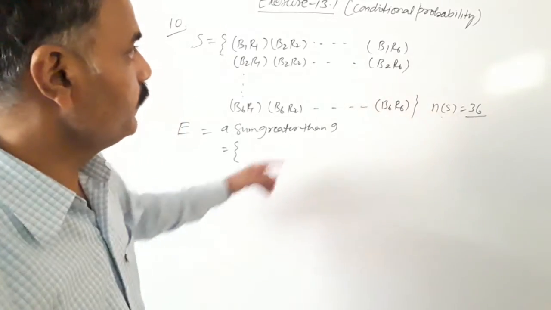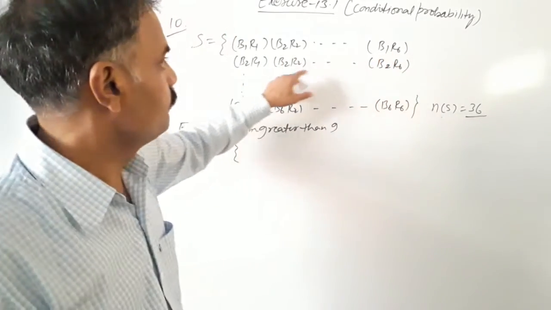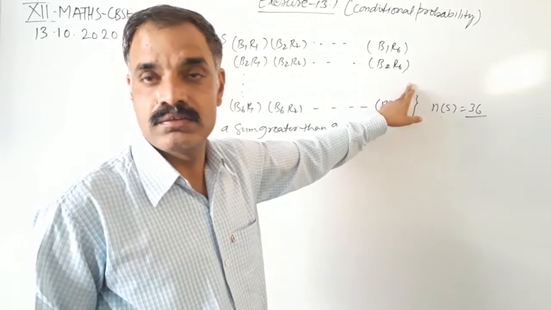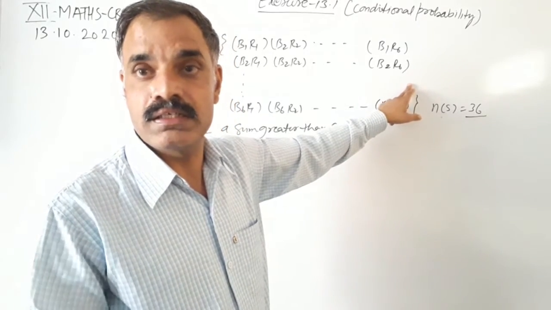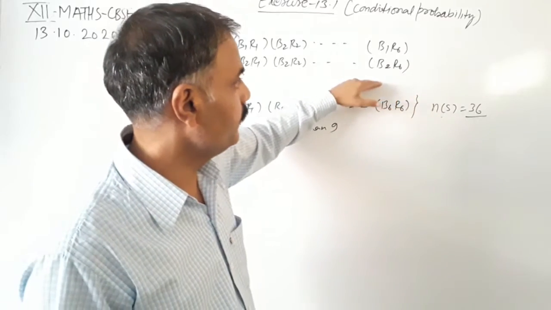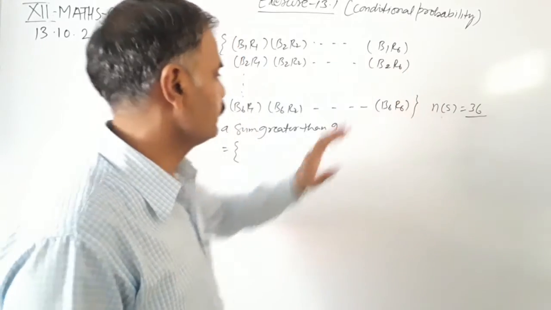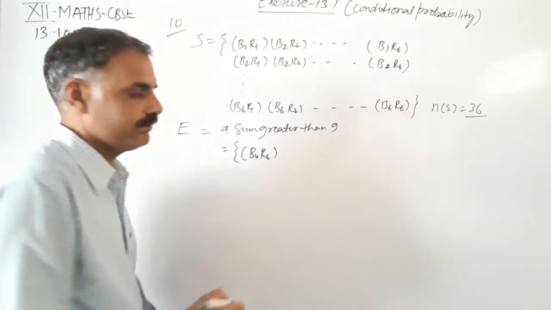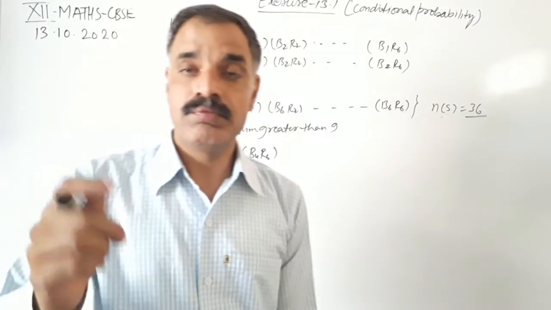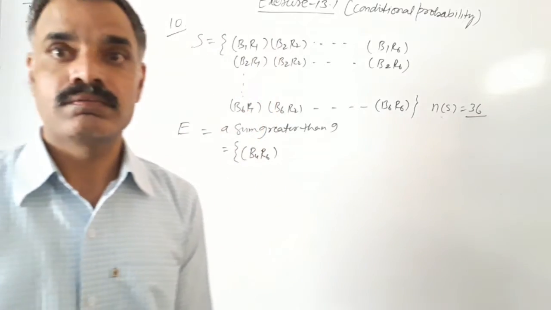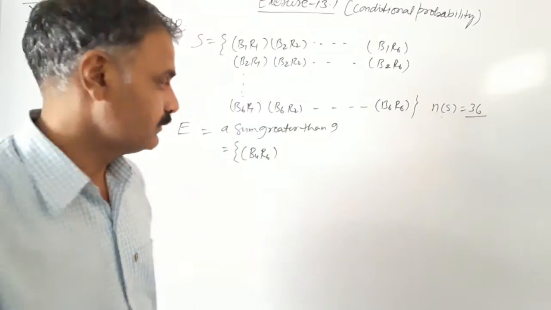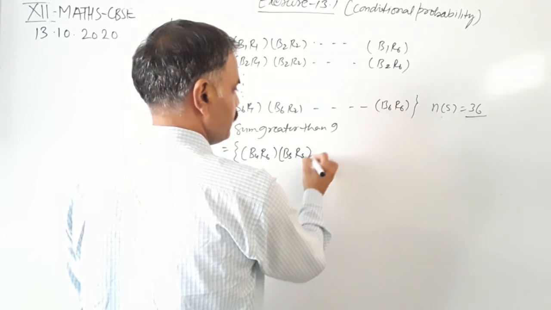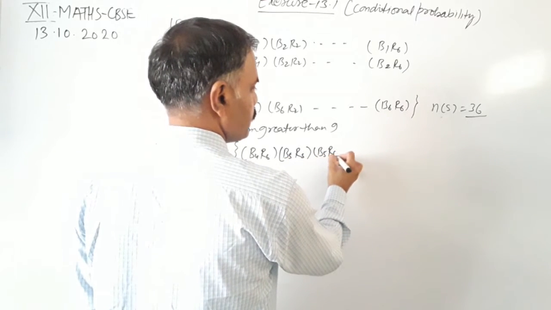Okay. So B1 R6 is 7, B2 R6 is 8, B3 R6 is 9. Sum greater than 9 means 10, so B4 R6 is the first sample point. B4 R6 is 10, B4 R5 is 9. Now B5 R5, B5 R6.